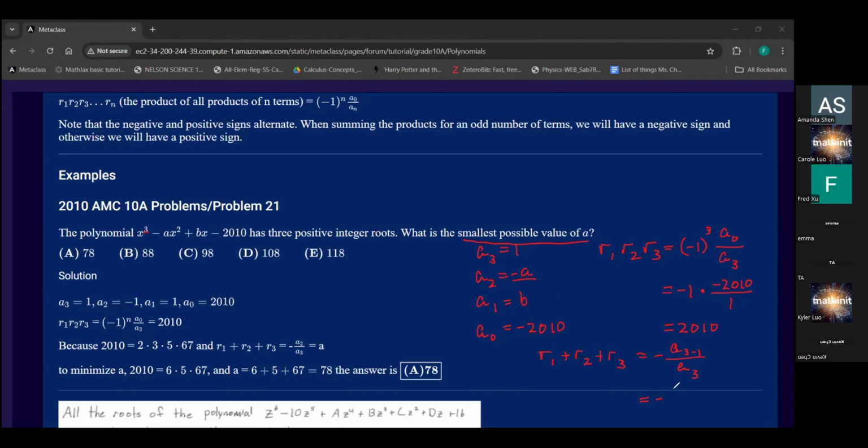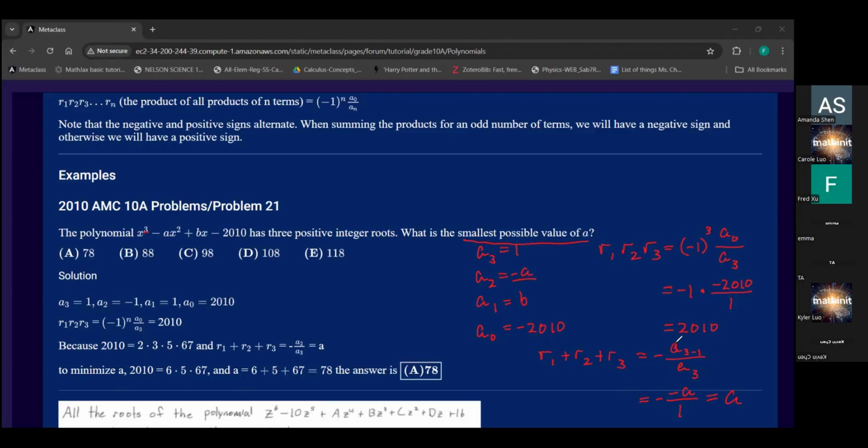So this is equal to the negative of negative a over the leading coefficient, which is 1. The negatives cancel out again, so we have a. So the sum of all the roots is equal to a, and the product of all the roots is equal to 2010.